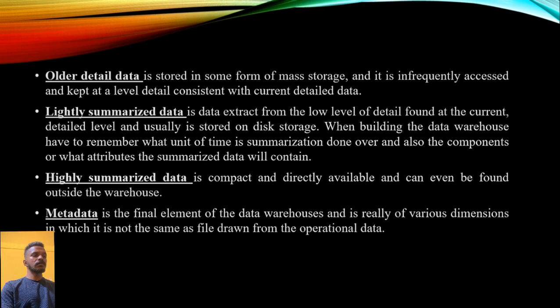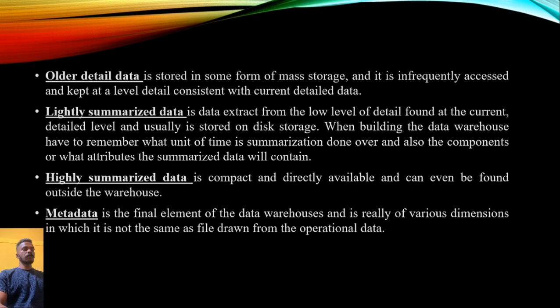Next is lightly summarized data, which is data extracted from the lower level of detail found at the current detail level and usually stored on disk storage. So this data is stored in the normal disk storage. When building the data warehouse, you have to remember what unit of time the summarization is done over, and also the components or attributes the summarized data will contain.